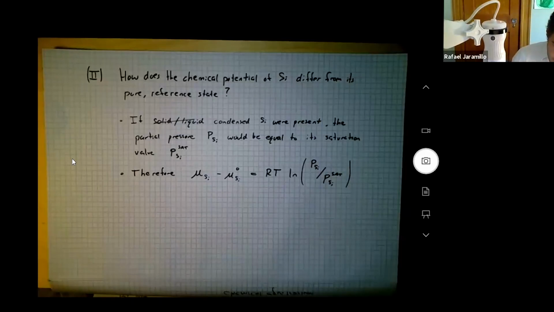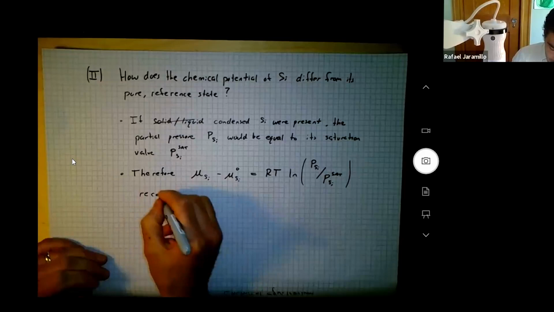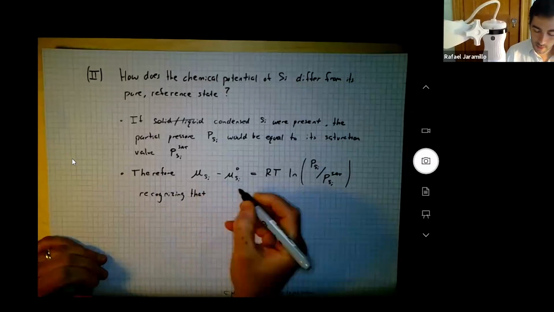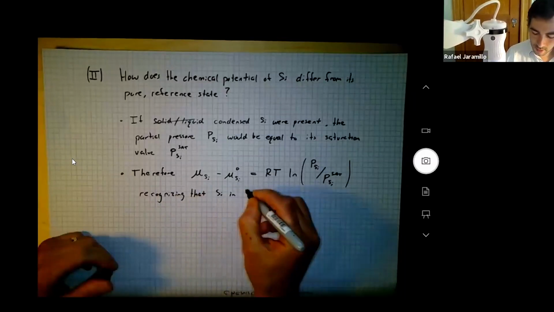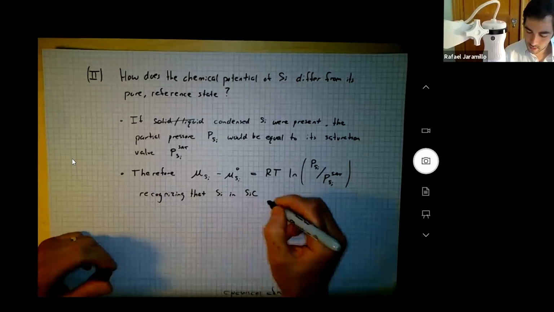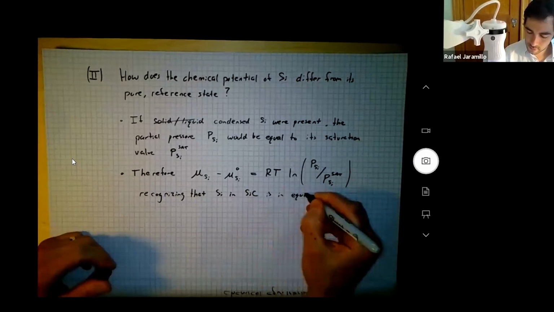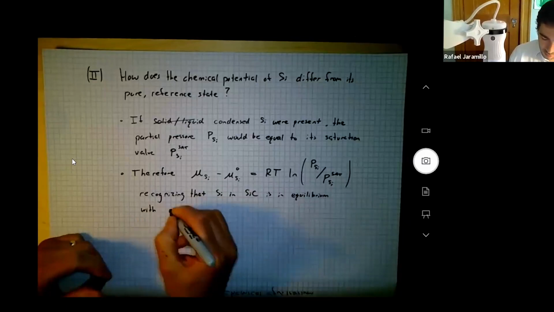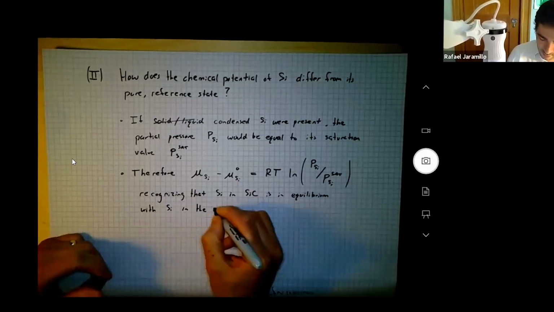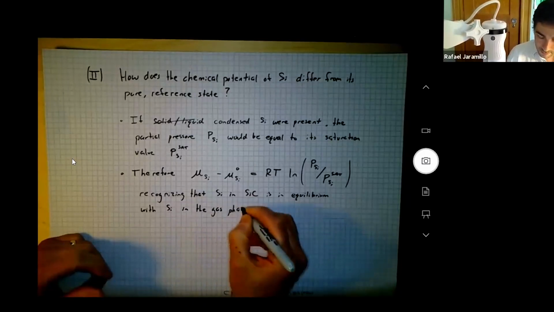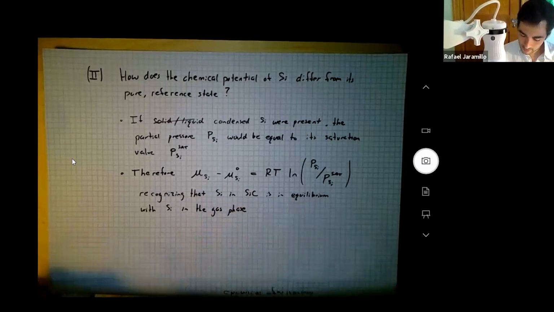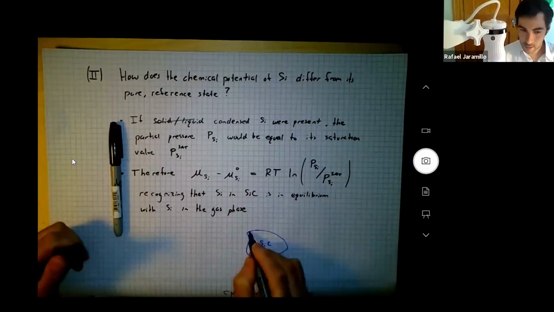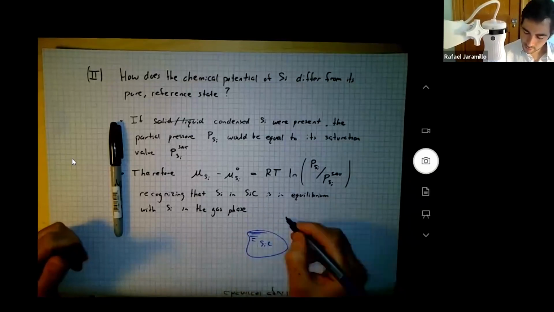Why is this? This is recognizing that silicon in silicon carbide is in equilibrium with silicon in the gas phase. You have to imagine this: silicon carbide, and there's silicon vapor.